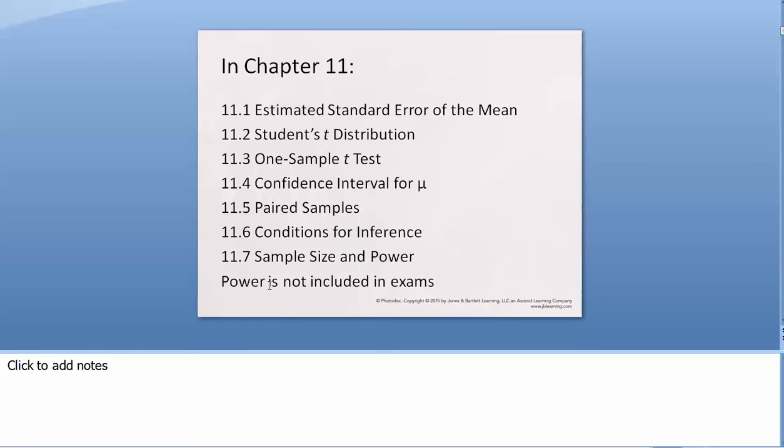If you are interested, certainly you can read, and we can discuss, but you don't have to worry about power as far as the exams and the problem sets go. But definitely that's an important topic later on if you were to do more advanced stat courses, and also if you have to do actual stat projects, power is an important thing to know about. All right, so let's go to the next slide.